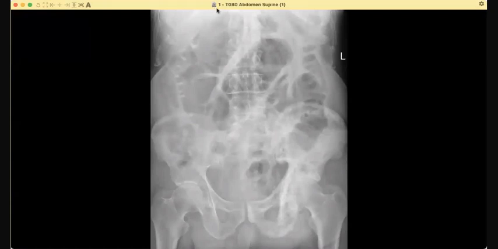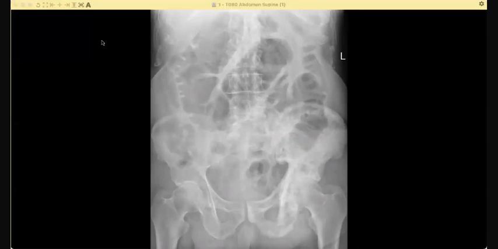Okay, candidate 5. This is your last case. Over to you. 90-year-old, acute abdomen. Over to you. A&E film. Candidate 5.